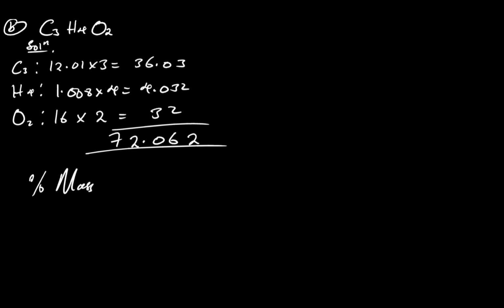Then we can calculate the percentage composition. We can start with the percentage composition of carbon, which is going to be C3 over C3H4O2 times 100%.